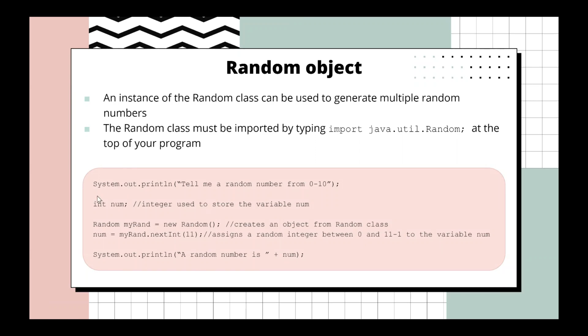You can do random.nextInt to get the next random integer. The first thing you have to do is create a new Random object, and then call nextInt, which will take in the maximum integer that you want.